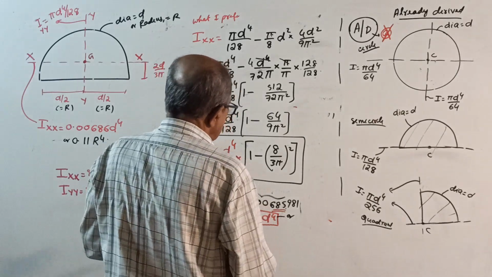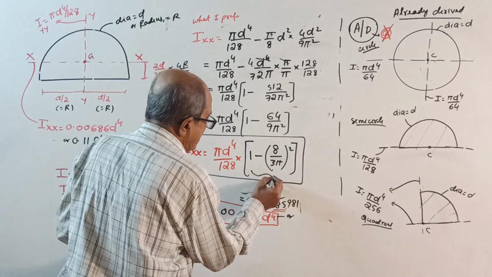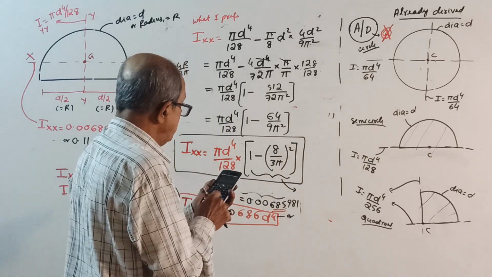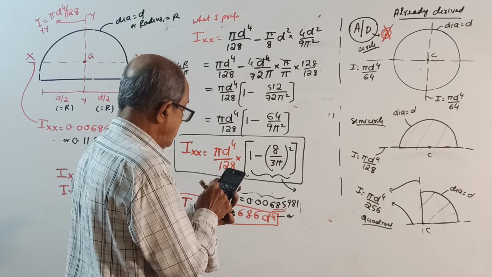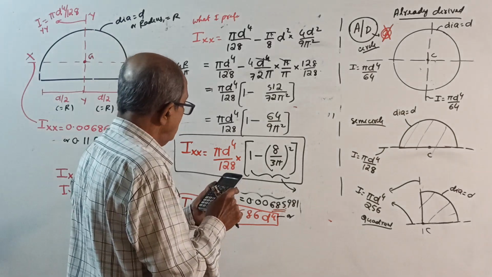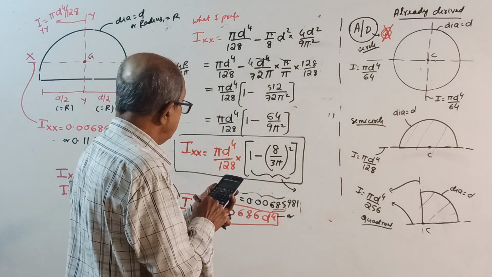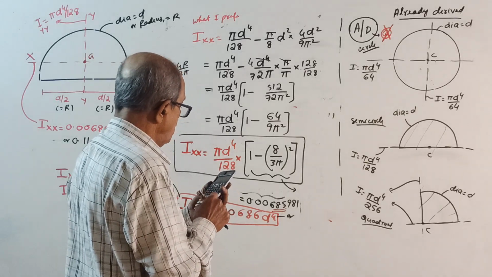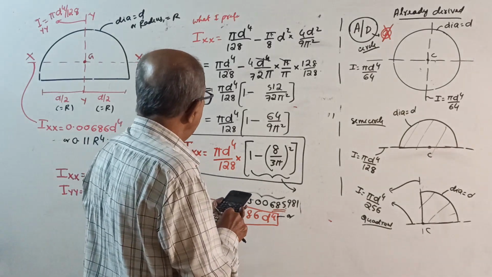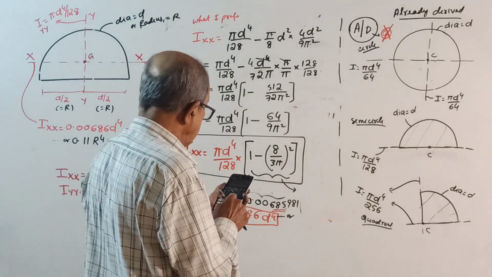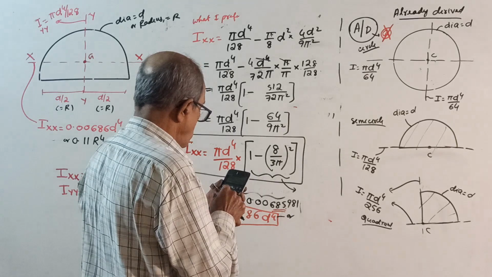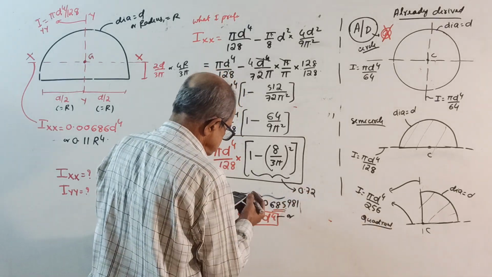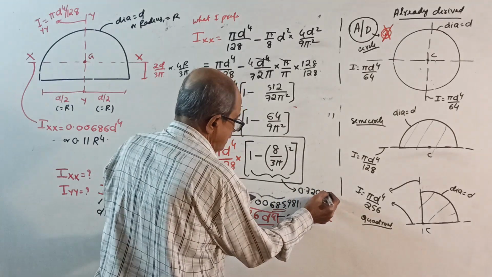Or this number will come: 1 minus 8 by 9 divided by pi square. 8 by 3 divided by pi, equal to, whole square. This number is 0.720506.